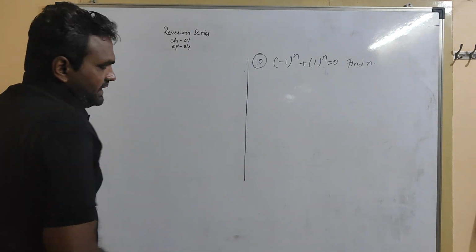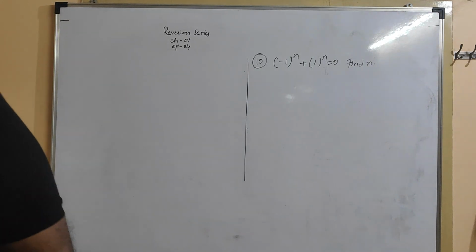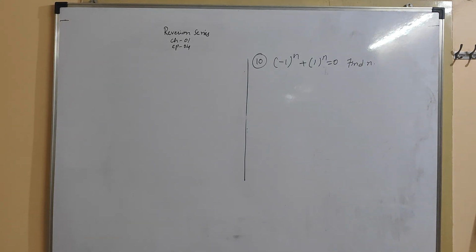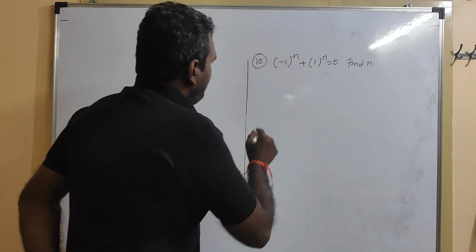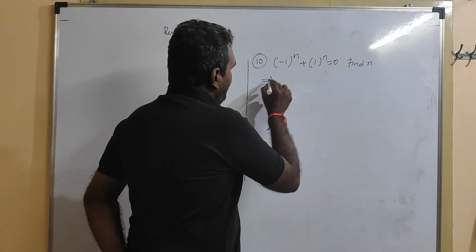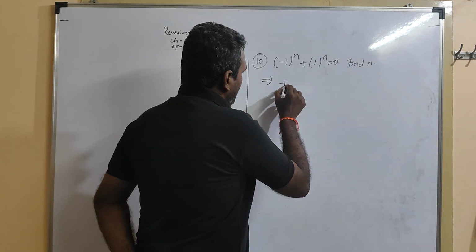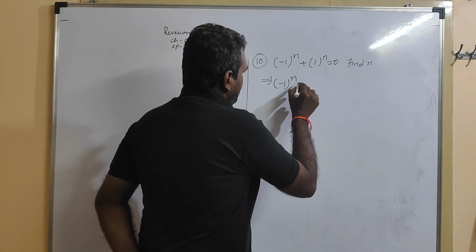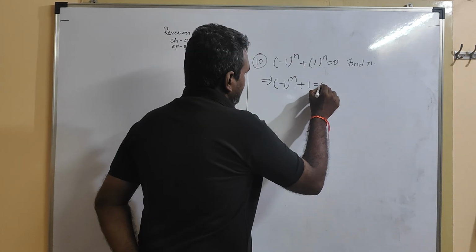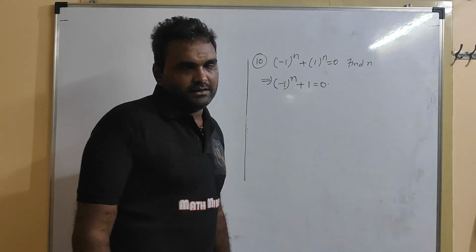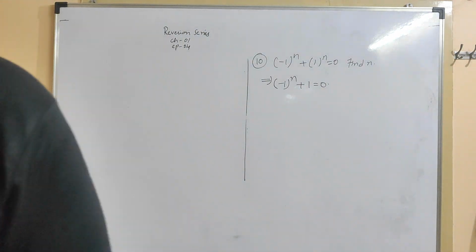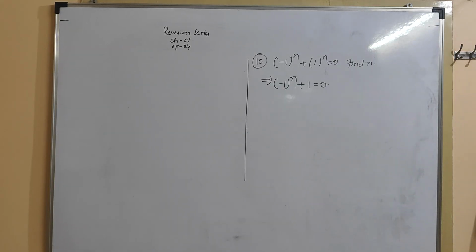See, if this kind of generalized question is given, the idea is: 1 power anything is how much? 1, right or not? 1 power anything is 1. So 1 plus something is equal to 0 has to come.